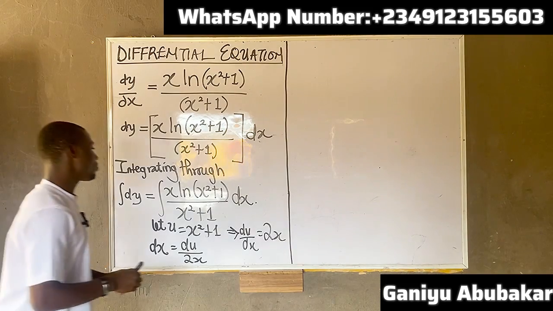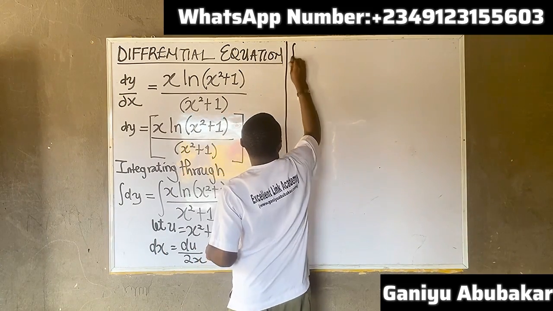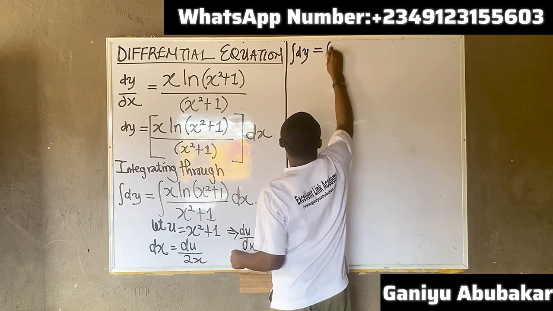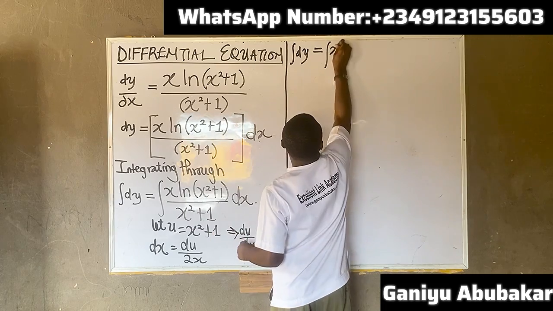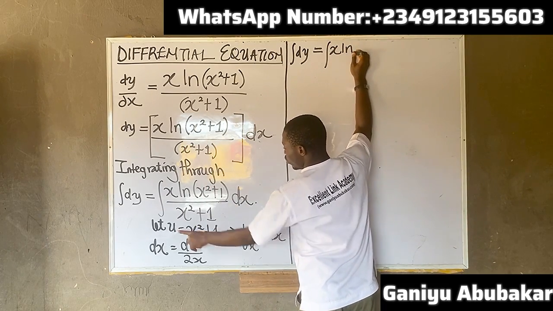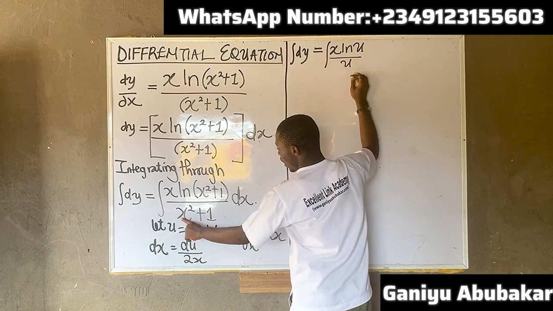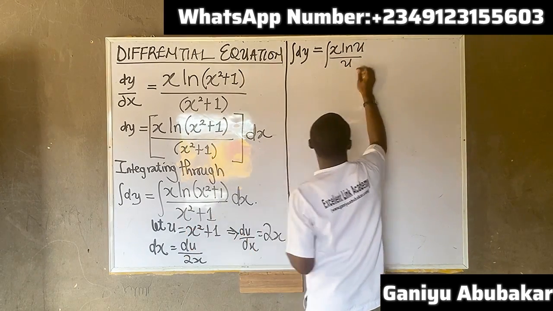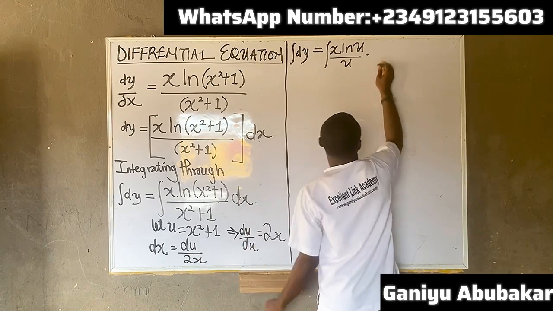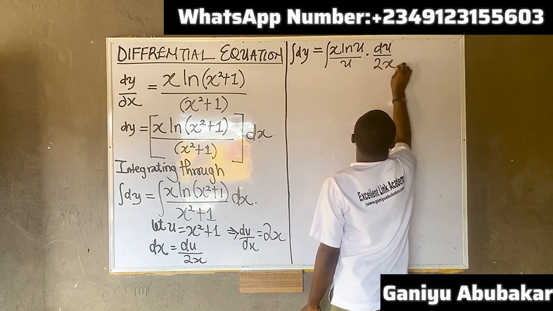From here, substituting. Mind you, I still have this one written down. So the integral of dy is equal to the integral of x ln(x squared plus 1), and x squared plus 1 should be u, so ln u all over u, dot dx. dx now is du over 2x.